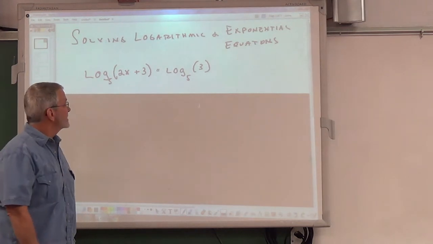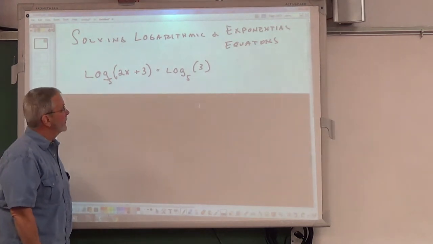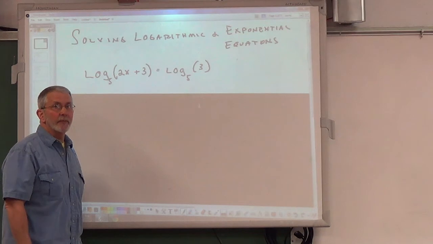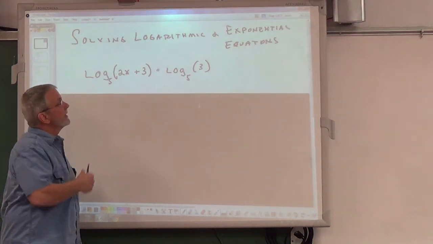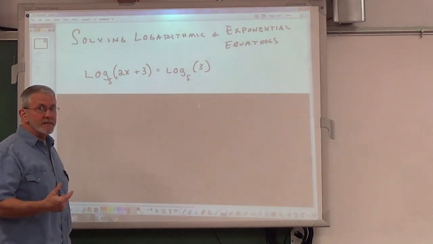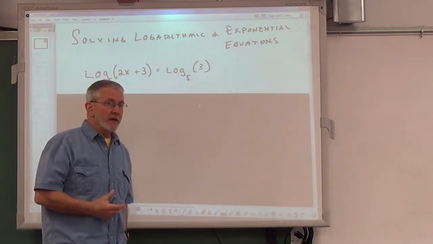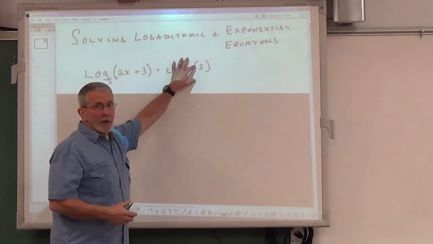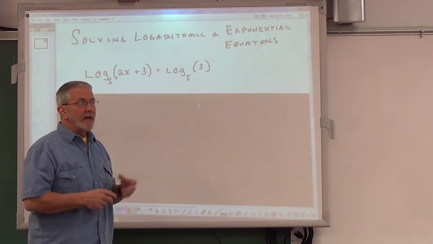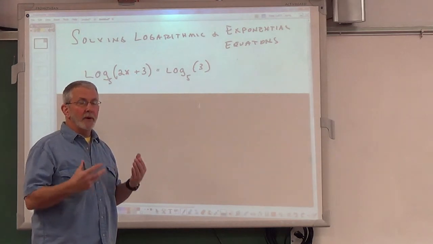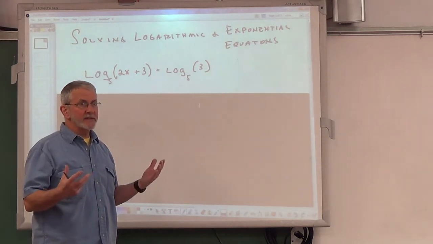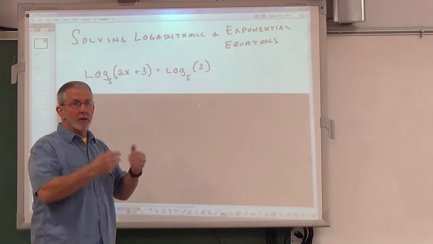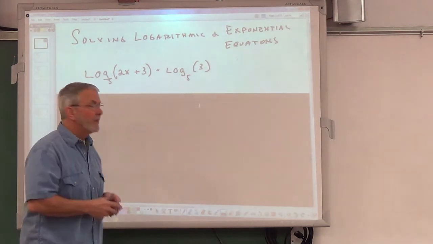I have log base 5 of 2x plus 3 is equal to the log base 5 of 3. Since logarithms are a one-to-one function, these are the outputs of a logarithmic function. And if you have an output of a one-to-one function, that simply says that there's only one input that goes to each output.